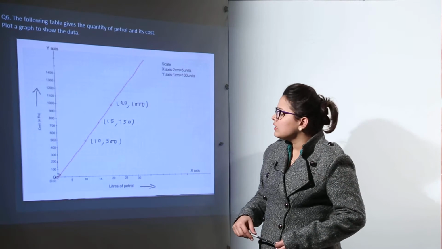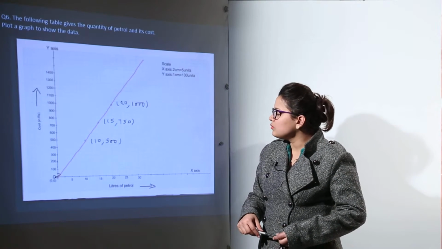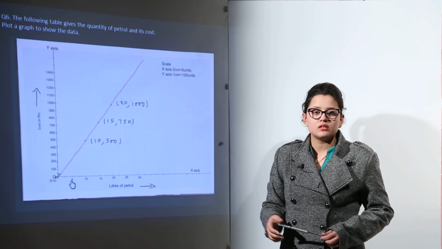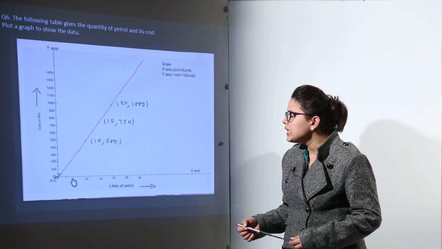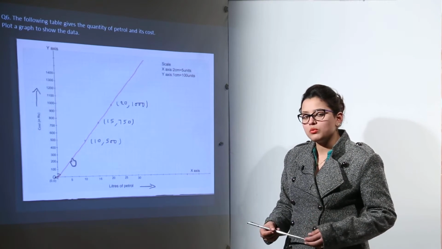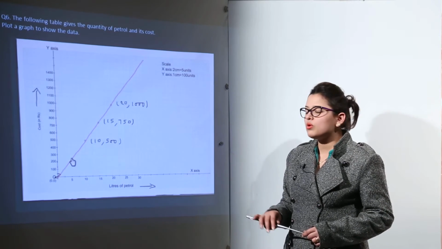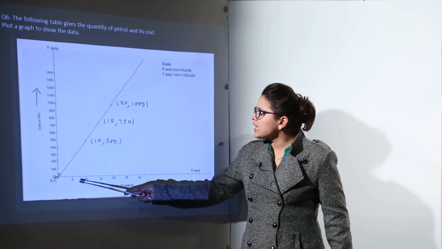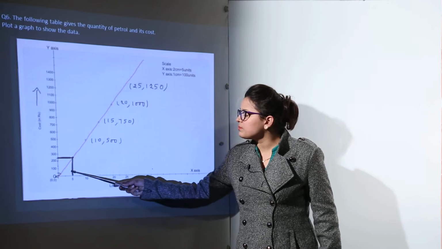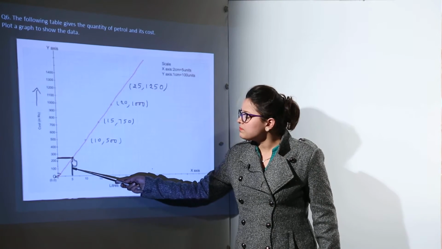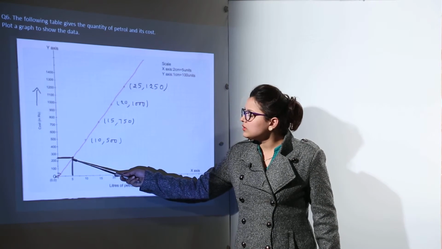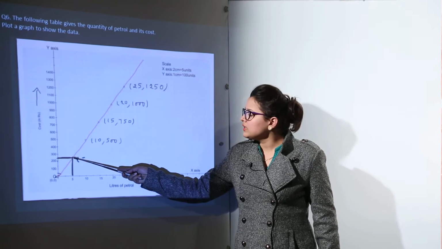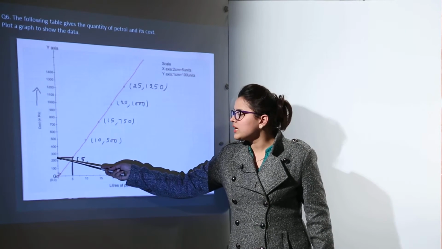Say you want to go out and buy some petrol and you want to know the price of some particular liters, how much that petrol is going to cost you. So what would you do? Say I want to know how much 5 liters of petrol would cost. You would make a perpendicular line, cut it on the graph, and make the perpendicular from the graph to the y-axis also.